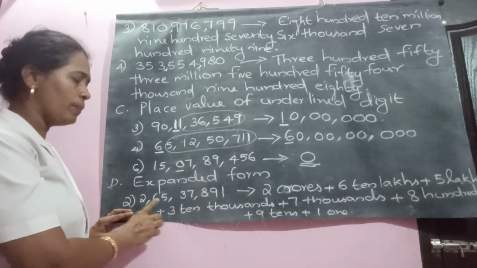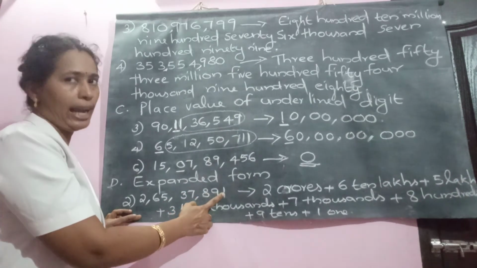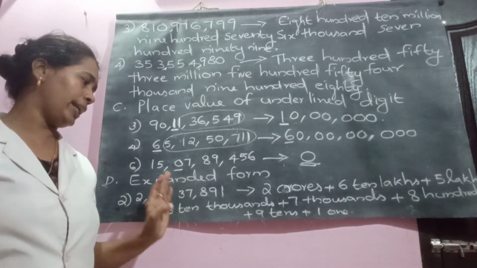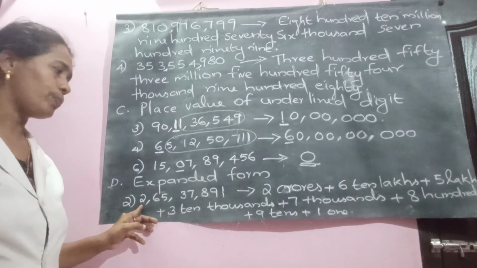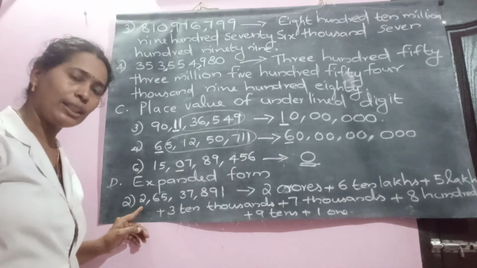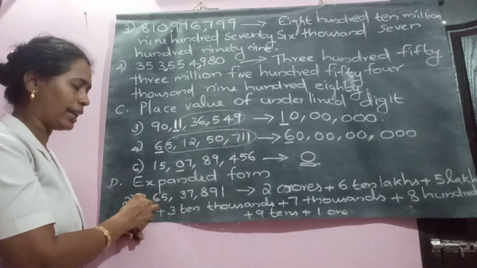2 crore 65 lakh 37,891. Here the teacher is representing this expanded form using words. For example, 2. 2 is in which place? Counting ones, tens, 100, 1000, 10,000, lakh, 10 lakhs, crores place.